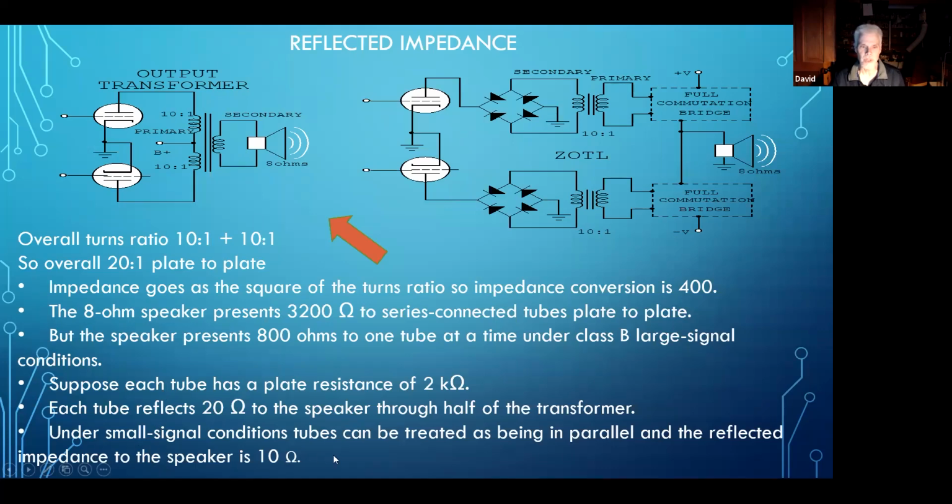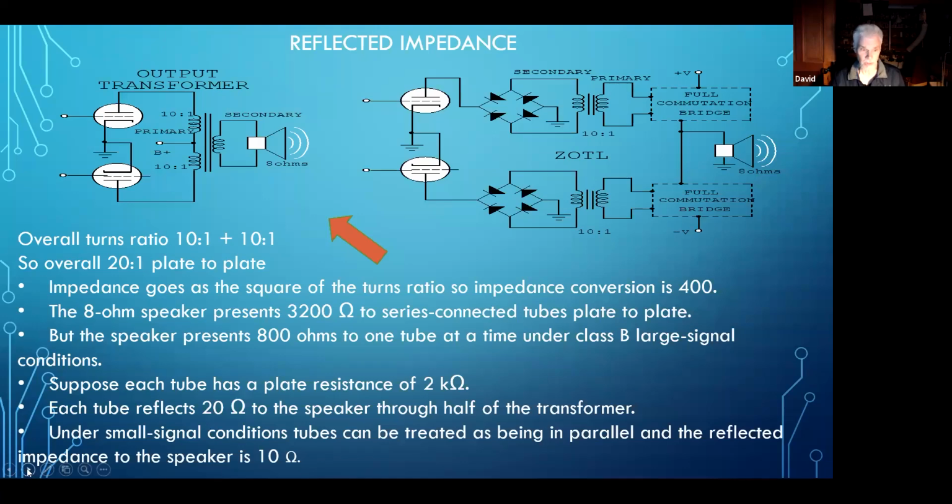But under small signal conditions, both tubes are active, so now they are in parallel: you've got your 20 ohms here and your 20 ohms here. So the reflected impedance to the speaker under those circumstances is 10 ohms.